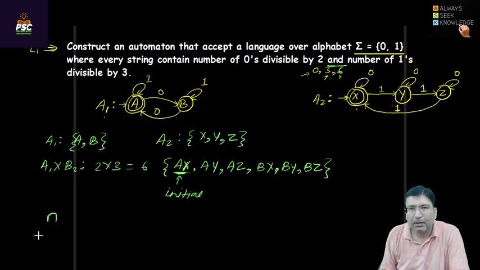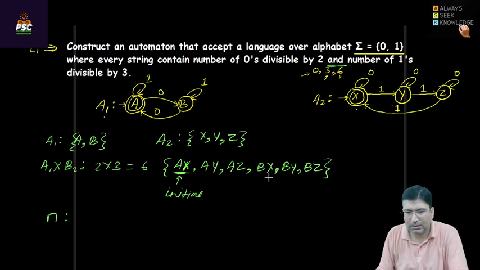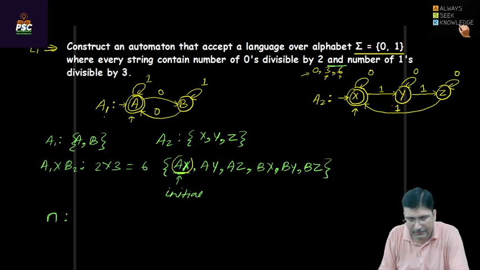Okay, so in case we want to perform intersection on two languages, the final state will be the state where both are final states. So A is final and here X is the final state. That means AX will become the final one in case of intersection operation.